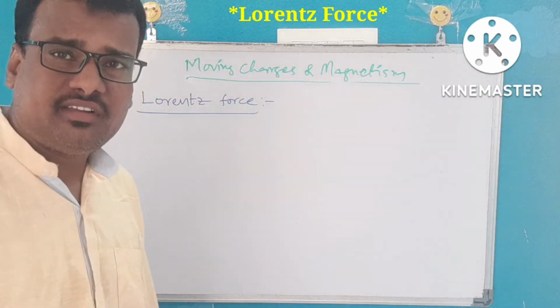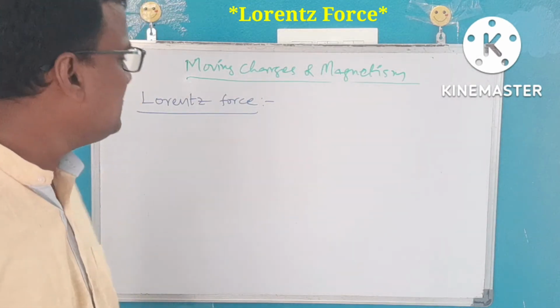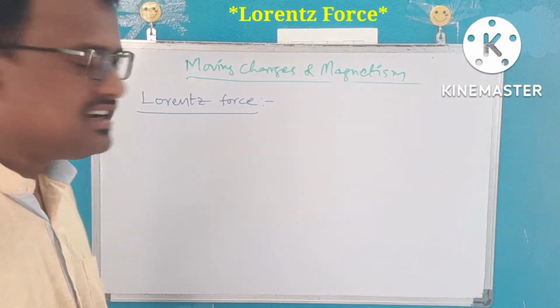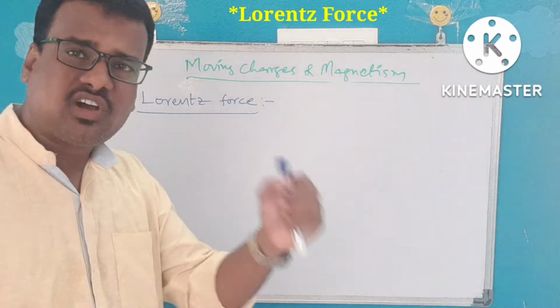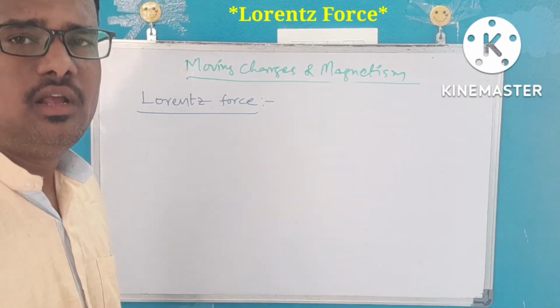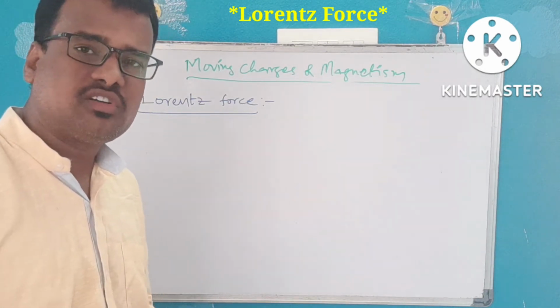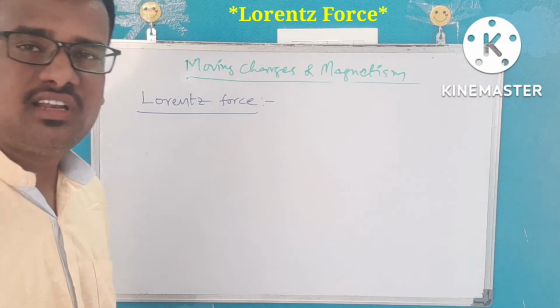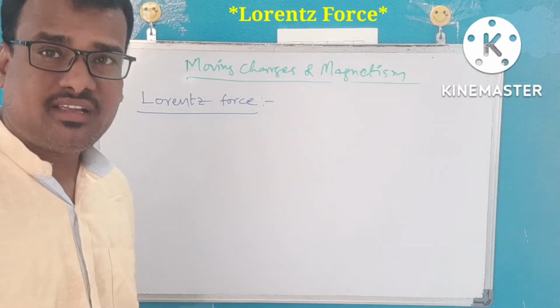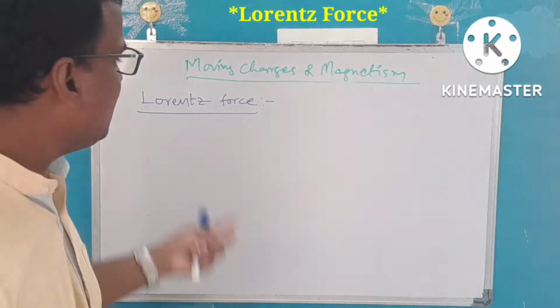From the Oersted experiment we already knew that moving charges or currents produce a magnetic field. If the charge is at a stationary, rest position, only an electric field is generated. But if the charge is moving with constant velocity, then in addition to the electric field, a magnetic field is also generated, as we discussed in the last class.